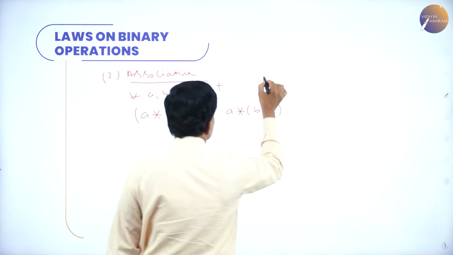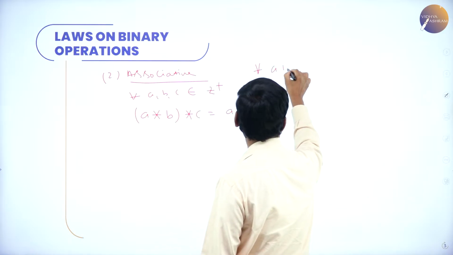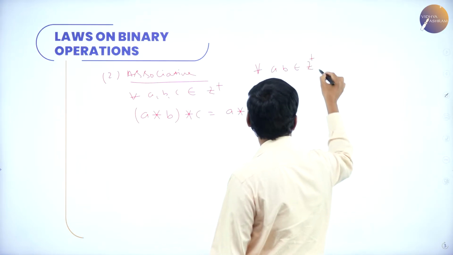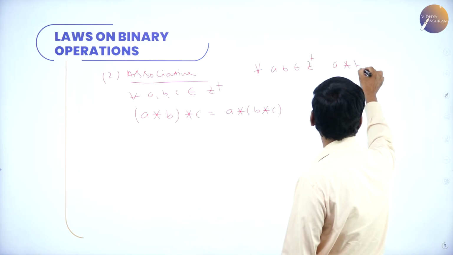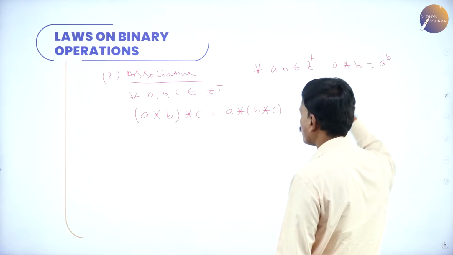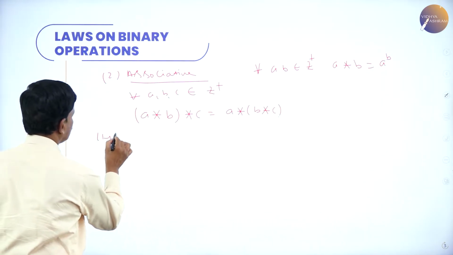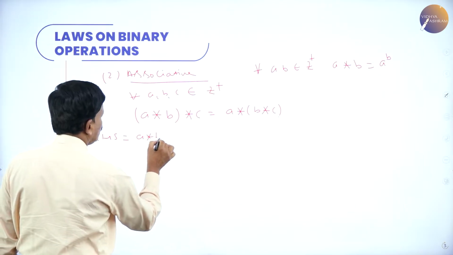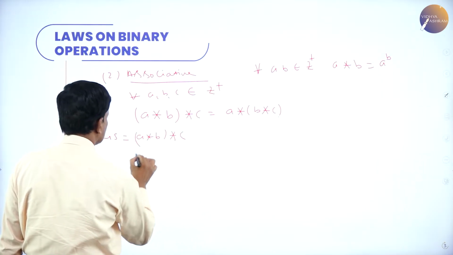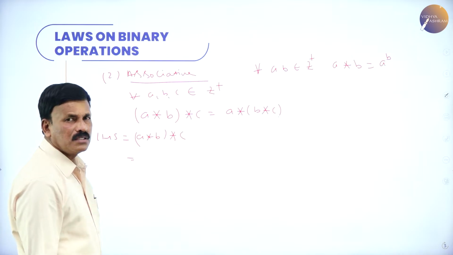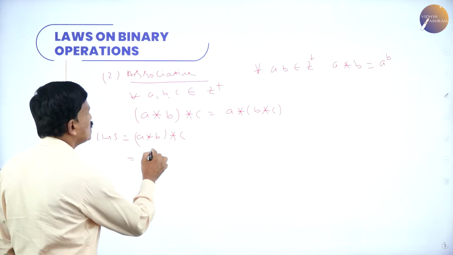Now what is given? Given that for all A, B belonging to Z plus, A star B is equal to A to the power of B. This is given. Now let us take the LHS, (A star B) star C. Now, A star B, what is A star B?